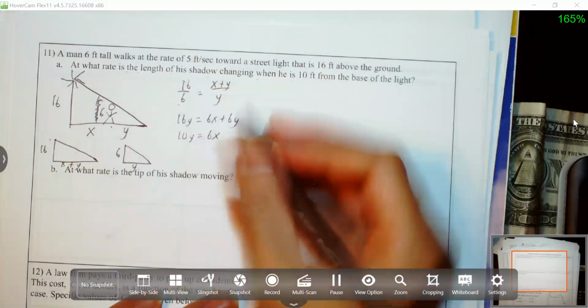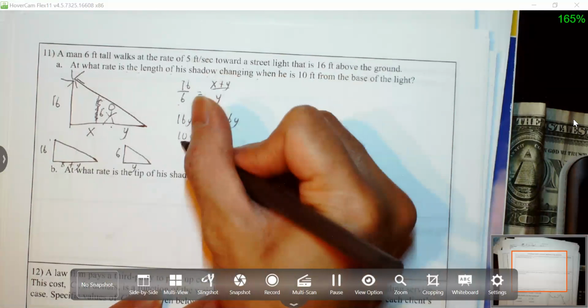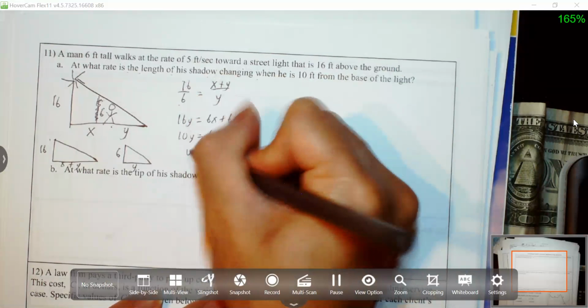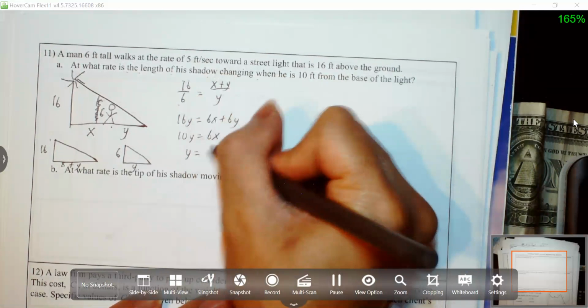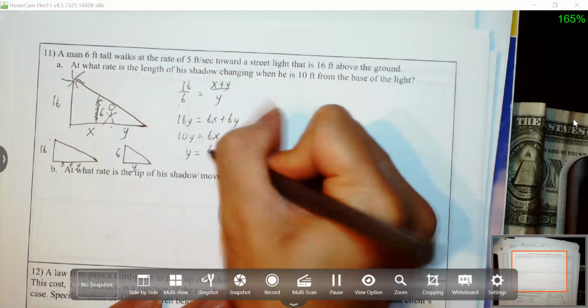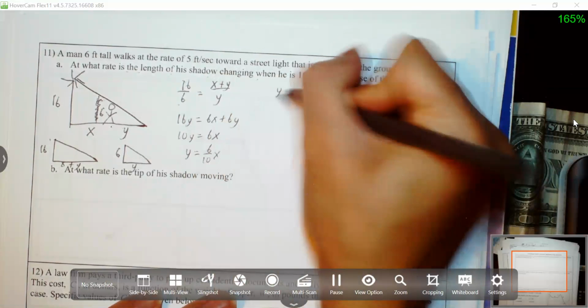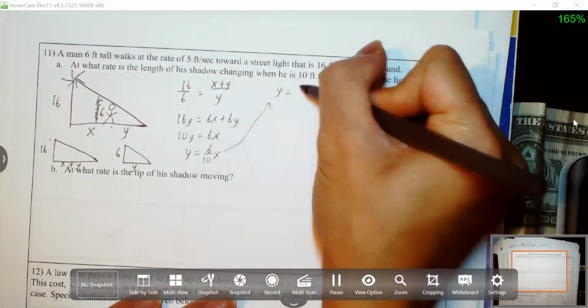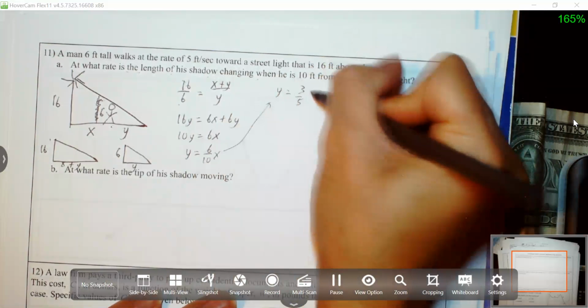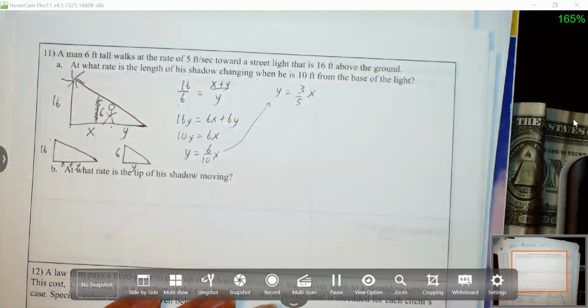Divide both sides by 10, and I get y is equal to 6 over 10 x, which we could also say is y equals 3/5 x.